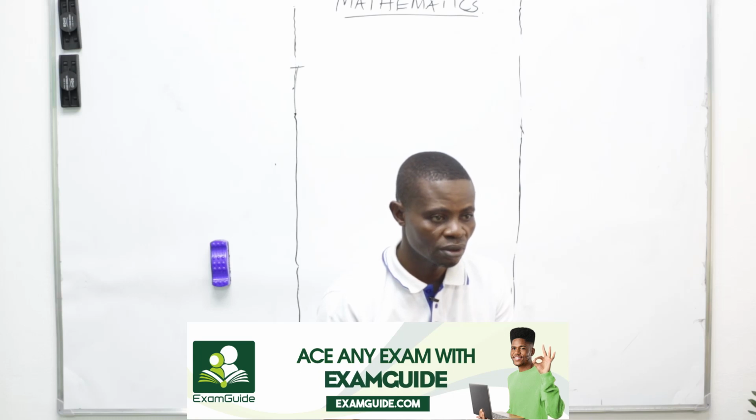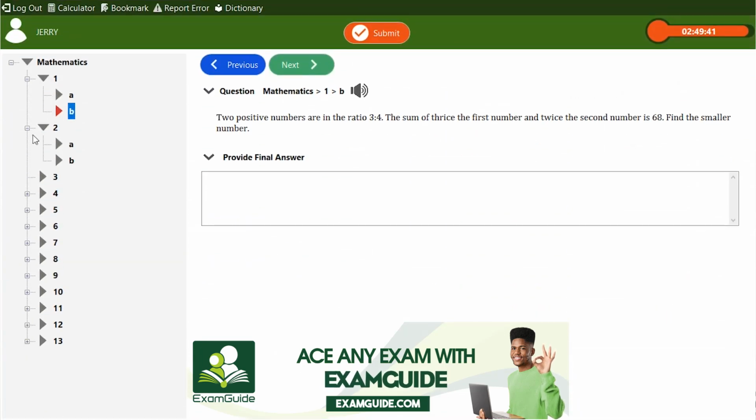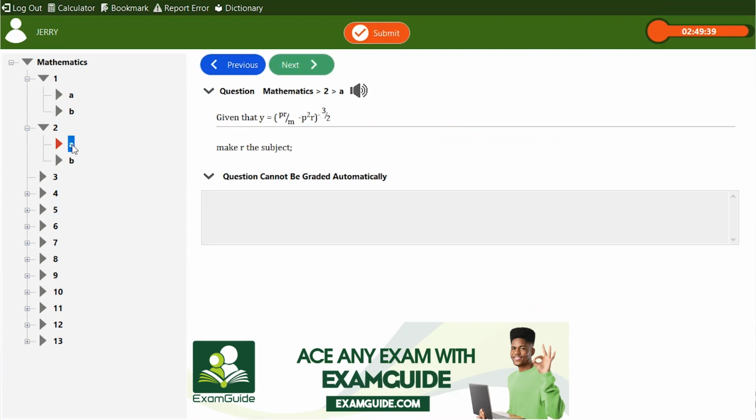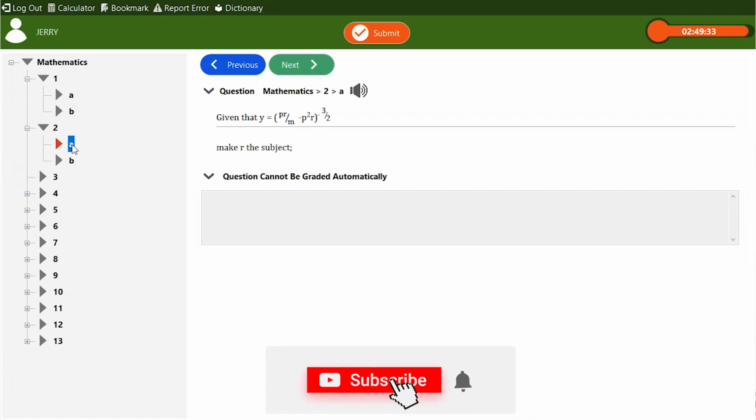Question 2a. Given that y equals (PR over m minus p squared r) all raised to the power minus 3 over 2.